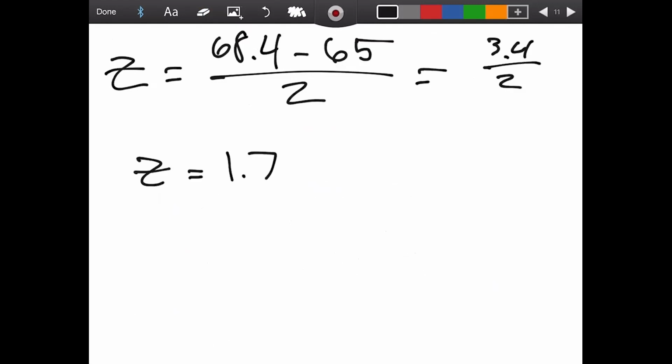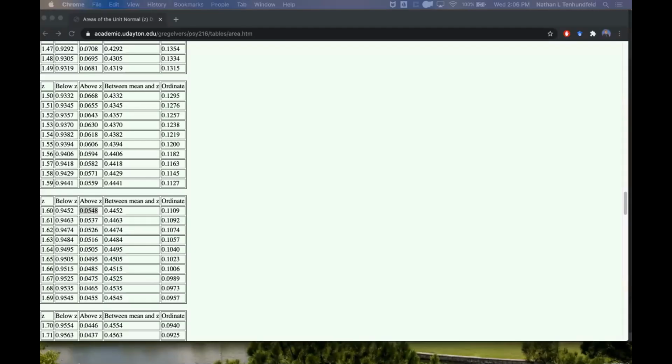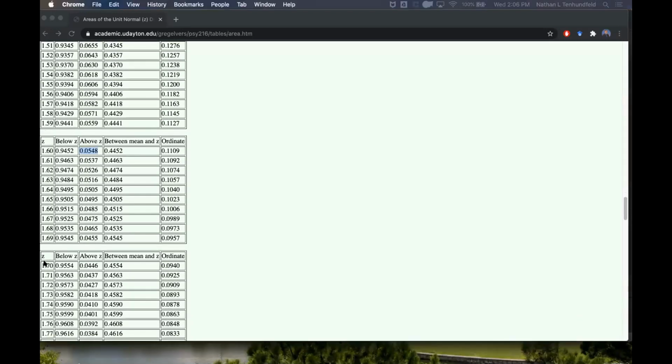So now, once we've got our z-score, we can go look it up in the unit normal table here. So let me pull this up in the unit normal table. So we're looking for a z-score of 1.7. And are we looking in the tail or in the body?